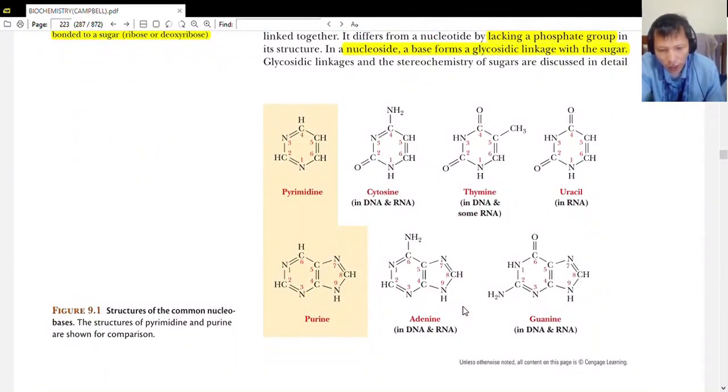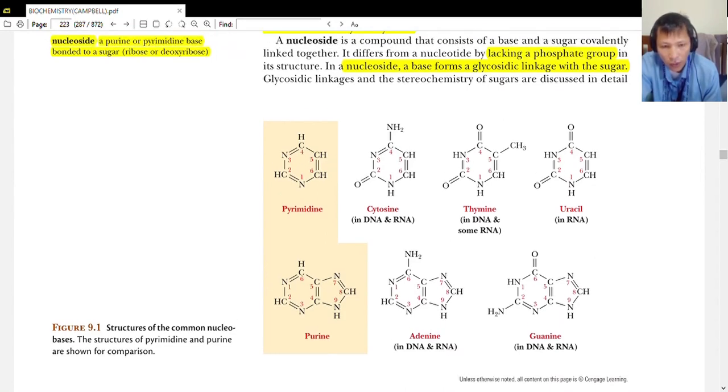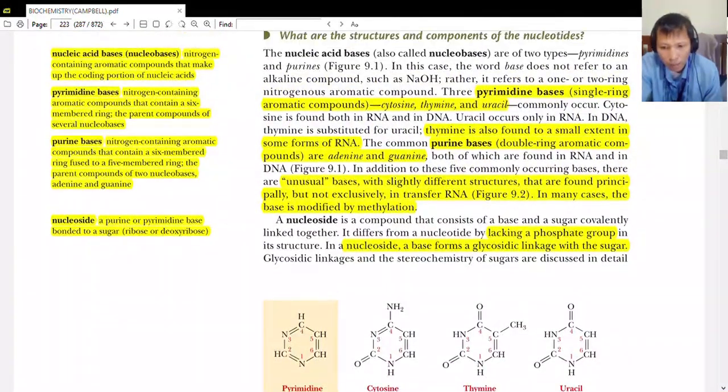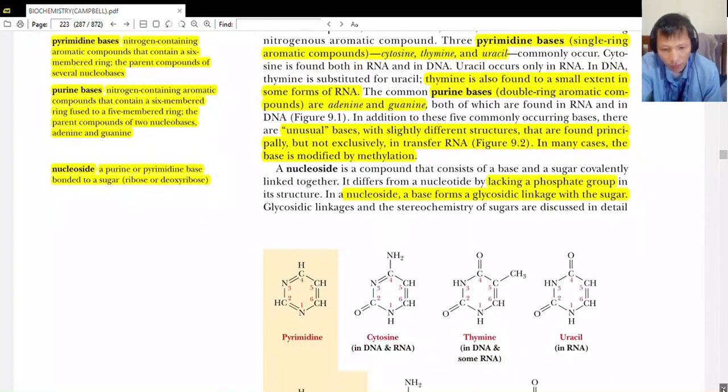So you have there your pyrimidine and your purine bases. This is your pyrimidine, and you can see the slight modification so that it falls under the pyrimidine bases, meaning it is somewhat derived from pyrimidine.